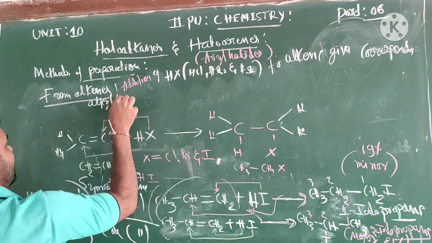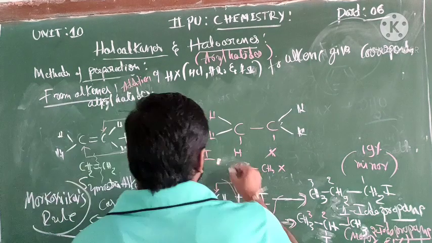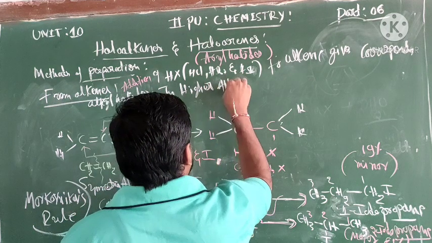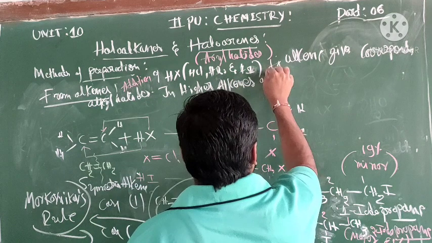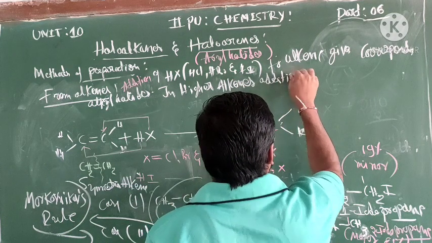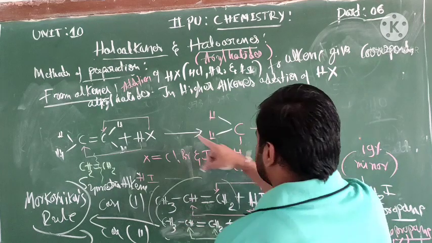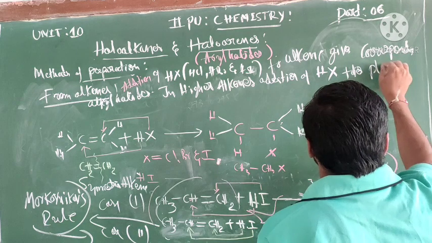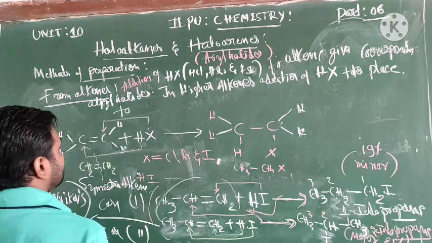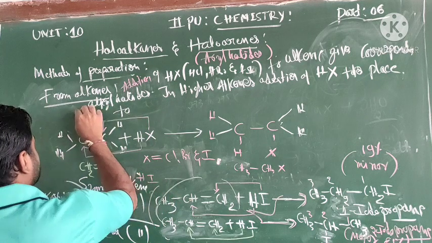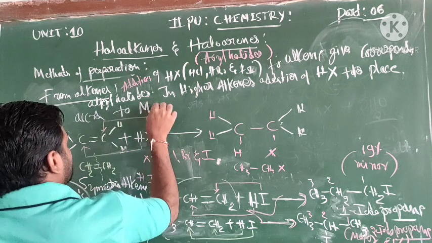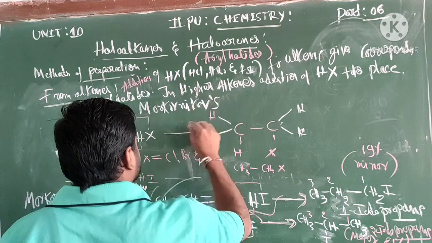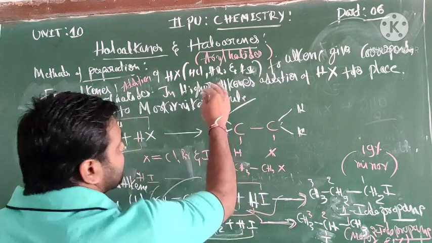We get alkyl halides. Okay. In higher alkenes, addition of hydrogen halides takes place according to Markovnikov's rule. It's a major point.